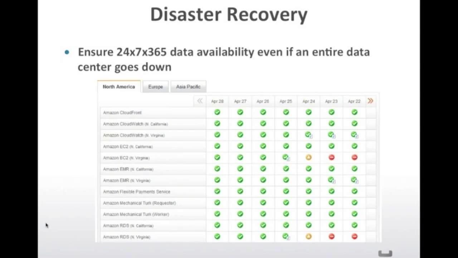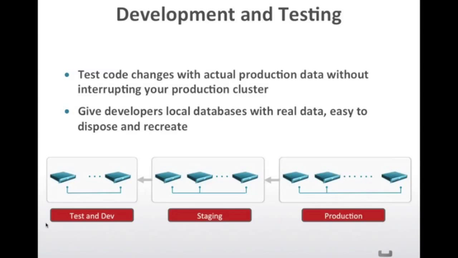So there's no loss of application, no downtime, even if an entire data center goes down. That's important to note, because a data center going down can happen for various reasons. That could be a disaster. So it's always good to be prepared to handle that.